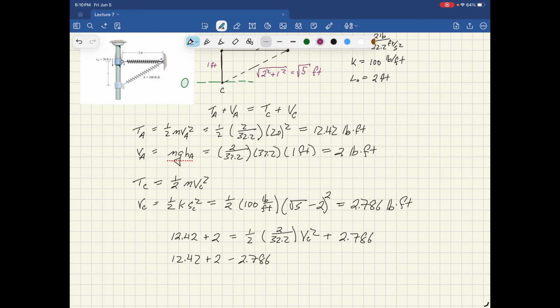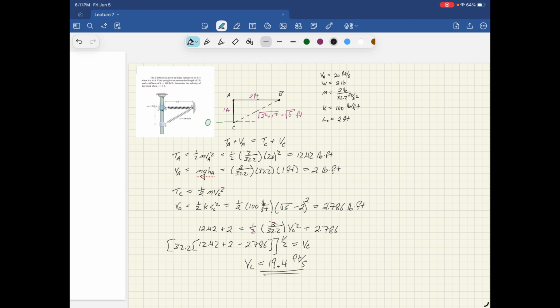We can cancel out these two 2's, multiply that by 32.2, and take the square root of the whole thing, and that gives us v_C. So the velocity works out to being v_C equals 19.36, but I'll write it as 19.4 feet per second. So that gives us our answer.